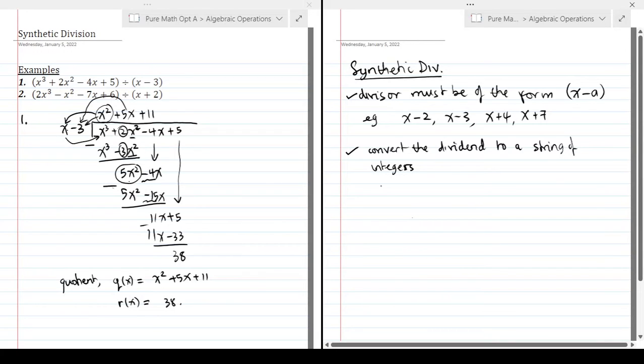So x cubed plus 2x squared minus 4x plus 5, you change that to just coefficients alone, right?